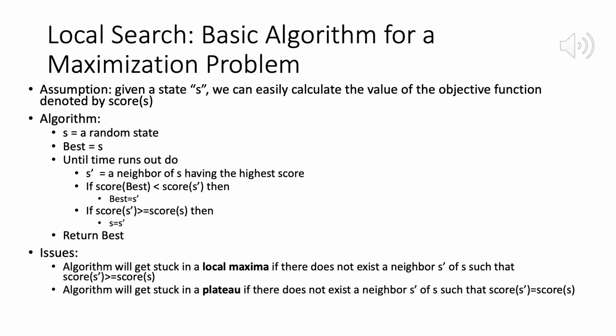Then we replace the current state S by S prime if the score of S prime is better. What I mean by better is that the score of S prime is higher than S. After time runs out, when the time bound is exceeded, we return the best solution found so far. So that's our basic local search algorithm.